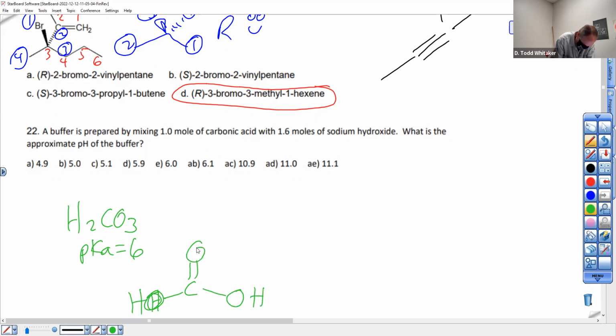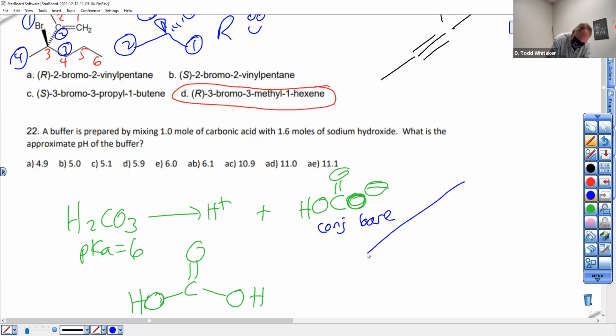pKa's make things work. There's carbonic acid with a terribly drawn O. Doesn't it look a little like a carboxylic acid? Please pick a number similar to a carboxylic acid number. Okay? So it's 6. And I want to point out, when it loses an H, it's still an acid. This is the conjugate base, right?